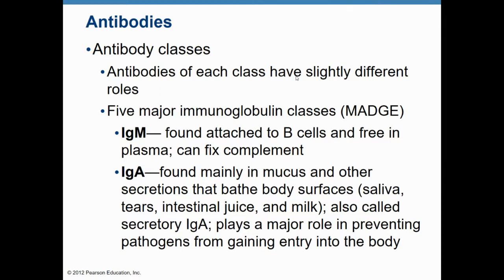We have immunoglobulin A, and immunoglobulin A is found mainly in mucus and other secretions that bathe body surfaces: saliva, tears, intestinal juice, and mother's milk. It's also called secretory IgA because it is found in a lot of our body secretions. Since it's found in body secretions, it plays a major role in helping to prevent the entry of pathogens into the body.